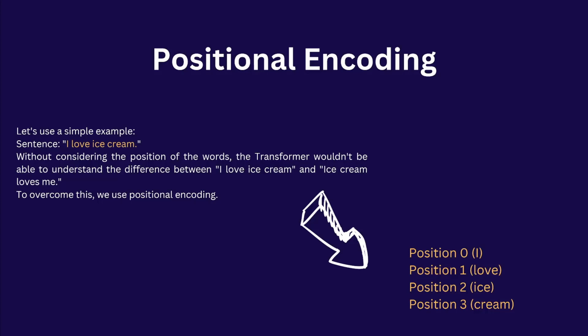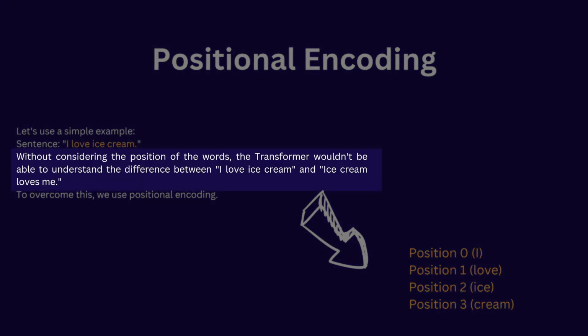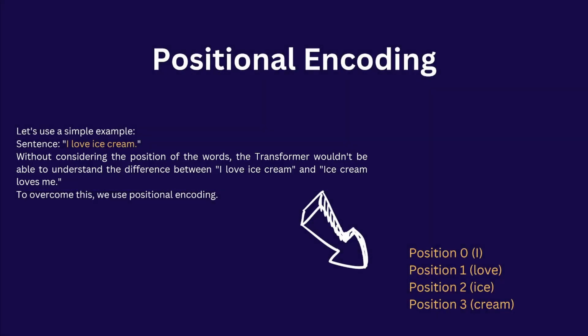The sentence is "I love ice cream". Without considering the position of the words, the transformer wouldn't be able to understand the difference between "I love ice cream" and "ice cream loves me". So to overcome this, we use positional encoding. One very easy way to do this is position 0, I; position 1, love; position 2, ice; position 3, cream. So these positional encodings would be added to the word embeddings of the corresponding tokens.